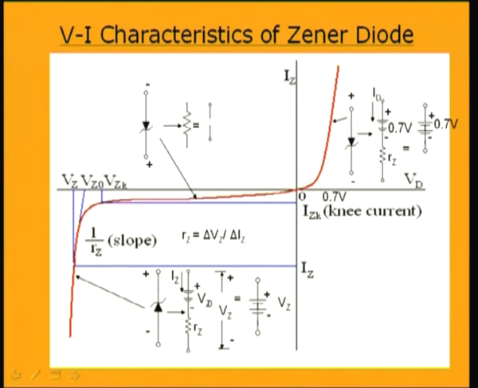So, the overall voltage drop across the Zener diode is Vz, which is equal to Vz naught plus Iz into Rz.